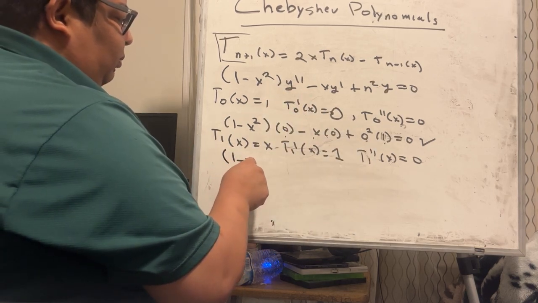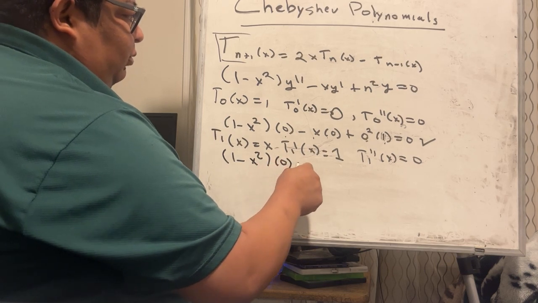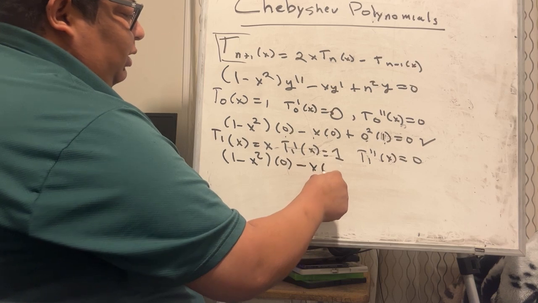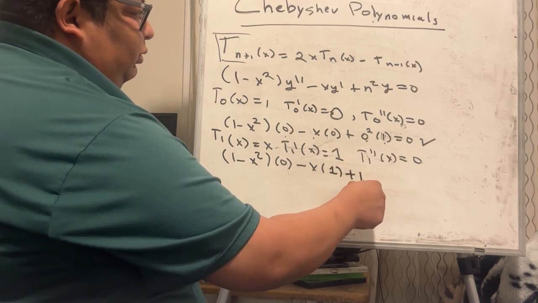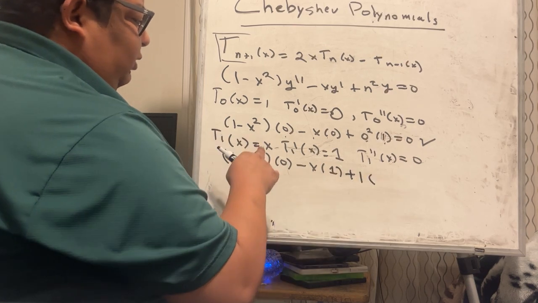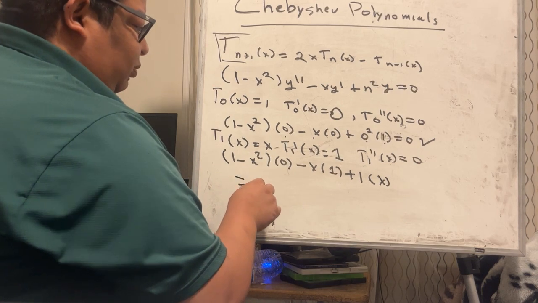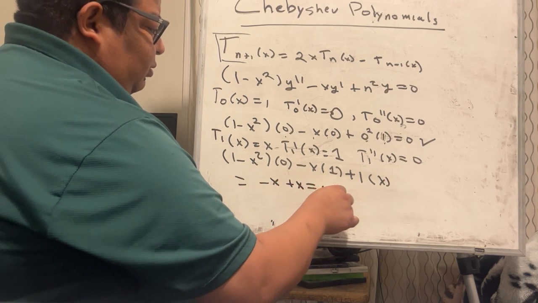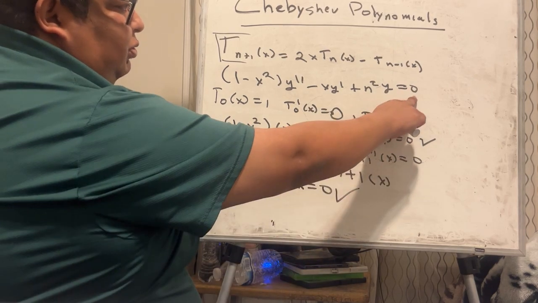That's going to be equal to (1 minus x squared) times 0, minus x times y prime, which is 1, plus 1 times y, which is x. So that's equal to negative x plus x, which is equal to 0. So that checks out because 0 equals 0.